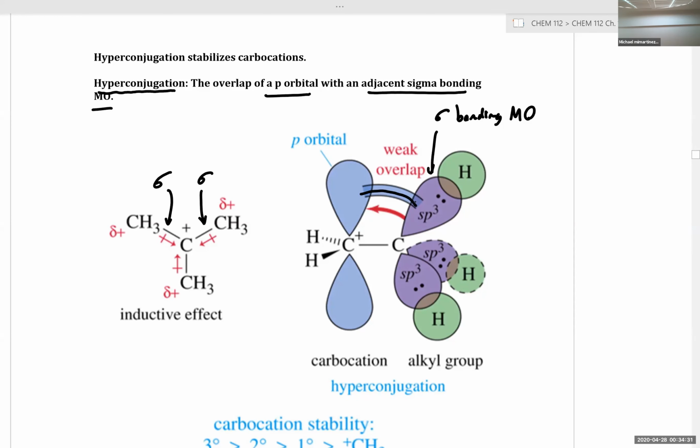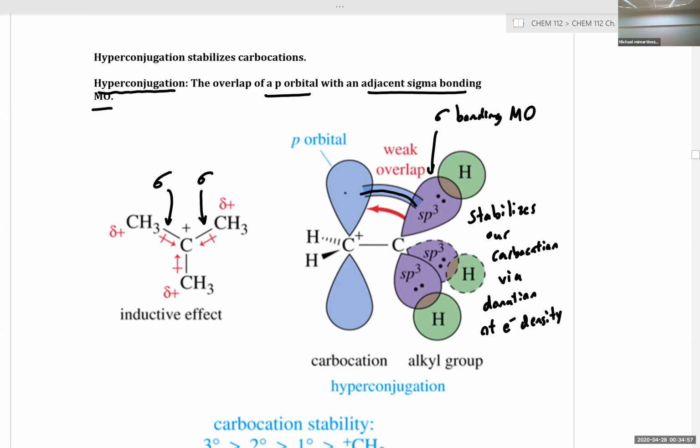And this weak overlap stabilizes our carbocation via donation of electron density. So we're donating some electron density from our sigma bonding molecular orbital into our electron deficient p orbital.